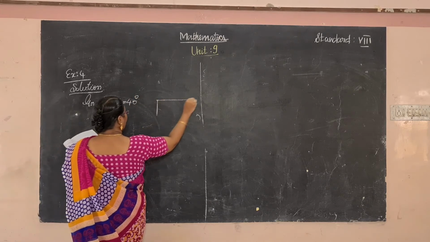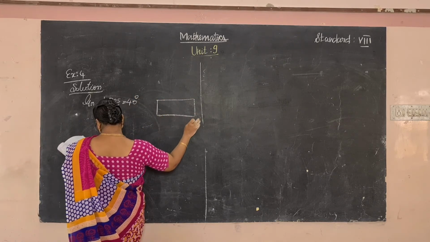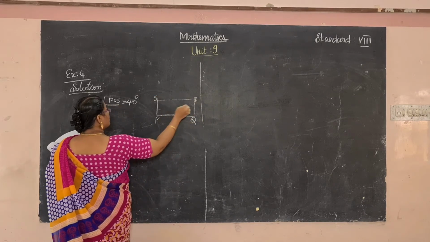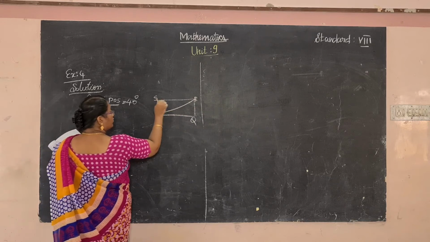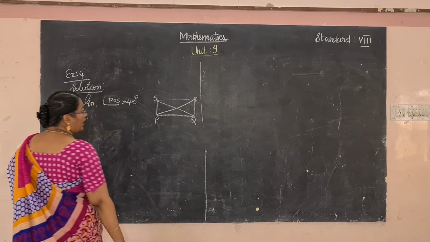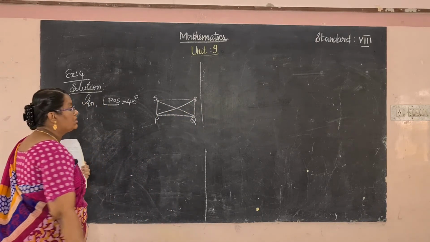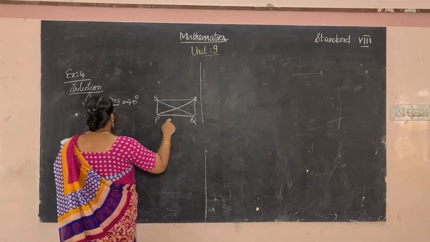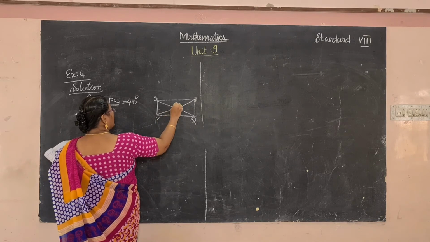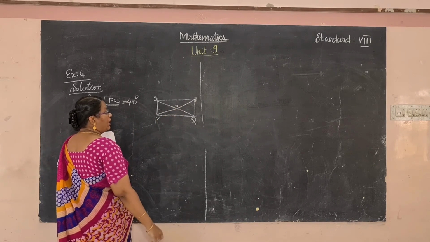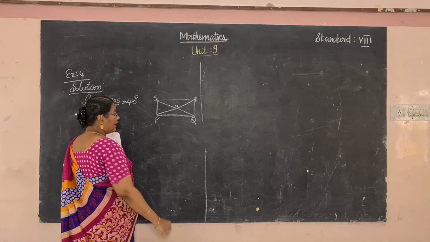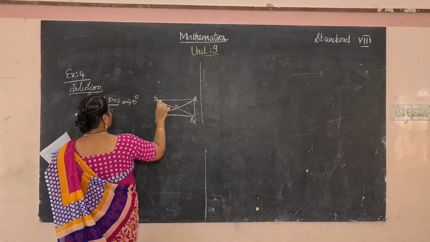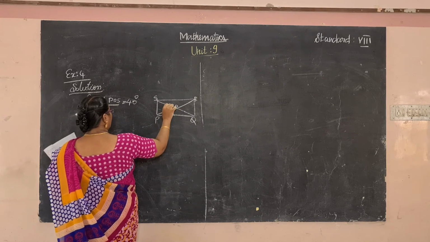So one rectangle, rectangle PQRS. Diagonals are equal in a rectangle, you have learned the property. Okay, diagonals are equal, intersecting at O. So POS is given as 40 degrees.